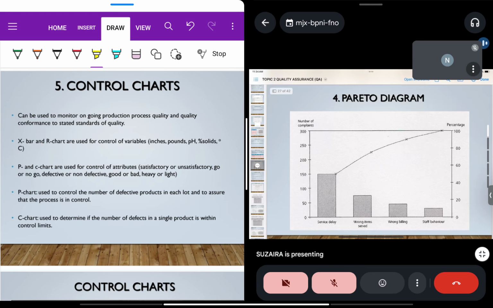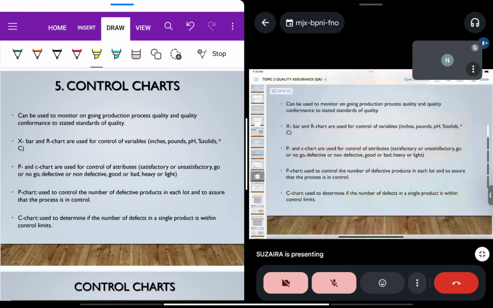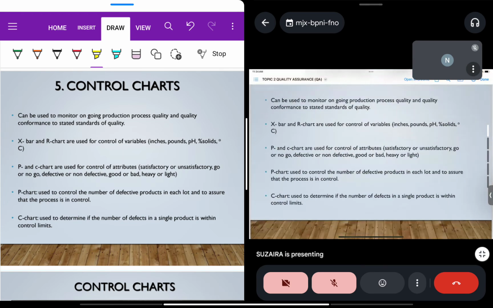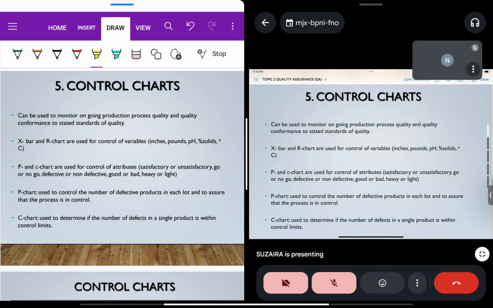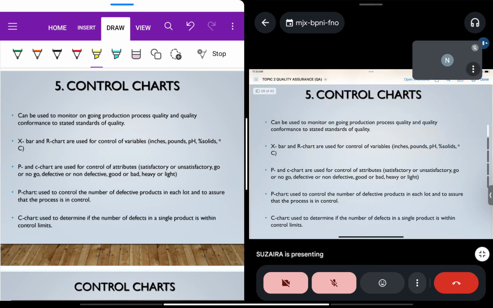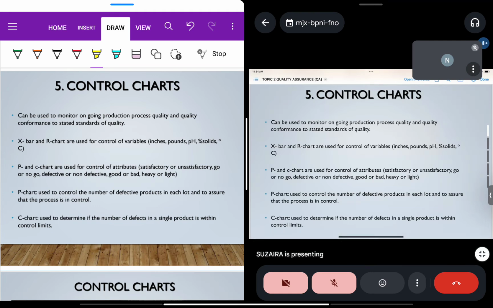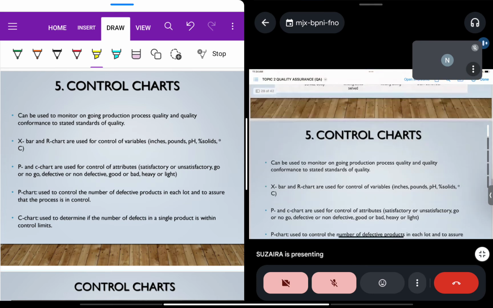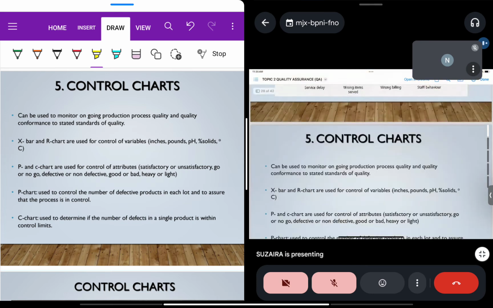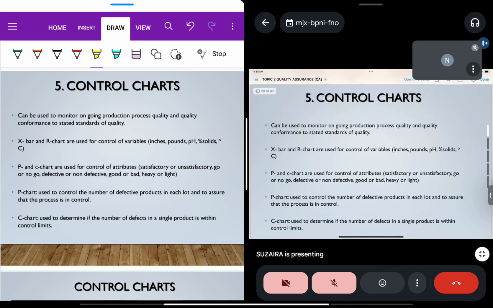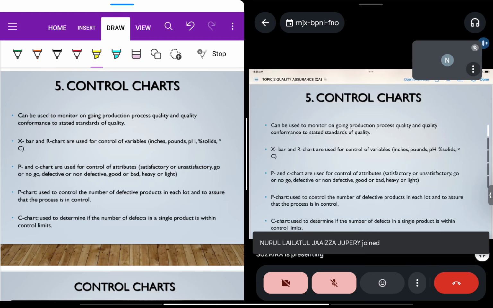Now what I want to do is continue with the control chart. If you still remember, I think half of the class already did practical 3, where we discussed the control chart. We have the X chart and also the R chart.